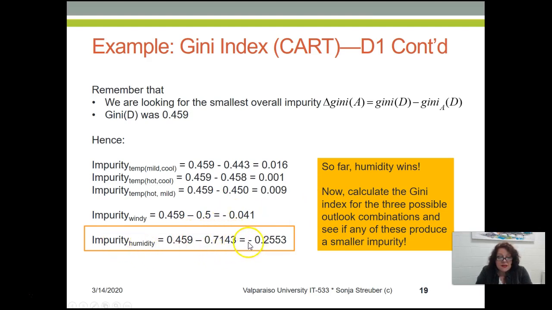That means the smallest impurity that we can achieve is minus 0.2553, which we get by subtracting the Gini calculated for humidity from the Gini index for the overall data set. So the optimal split point will be humidity.